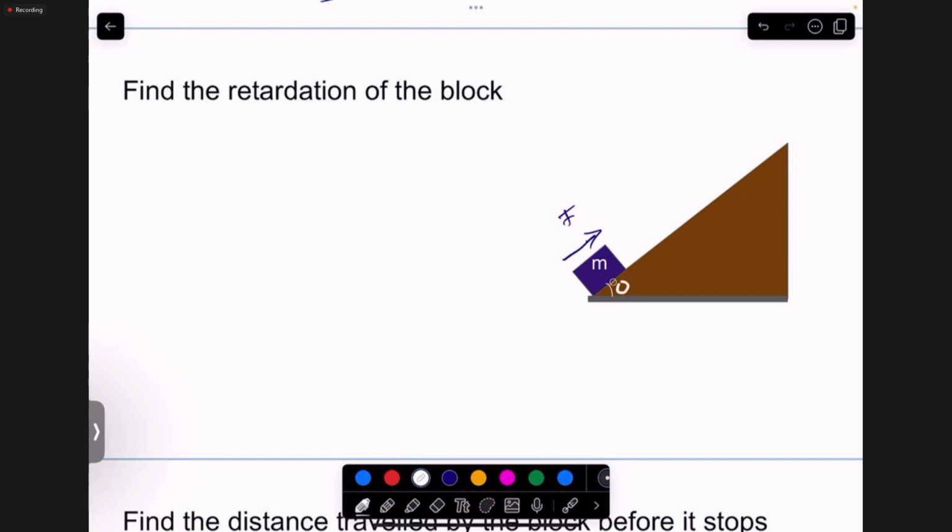This is an inclined plane with an angle of inclination theta, having a rough surface with a coefficient of friction mu, and a block of mass m is at the bottom of this inclined plane, and with an initial speed of u, it is being pushed upwards. So with an initial speed of u, this block is pushed upwards, and you need to find the retardation.